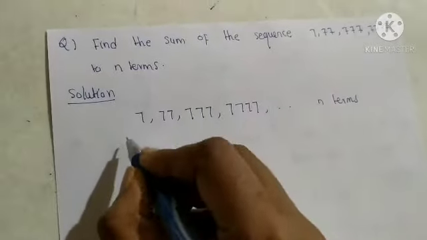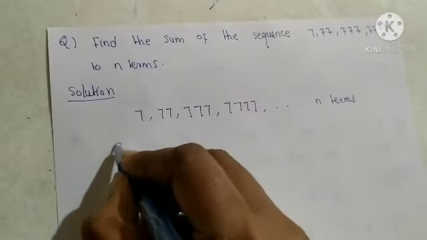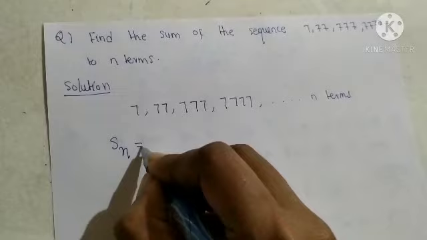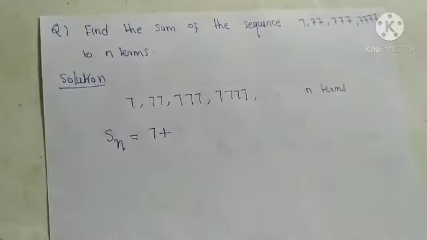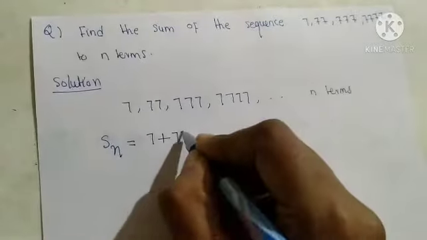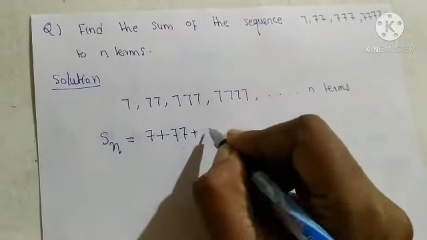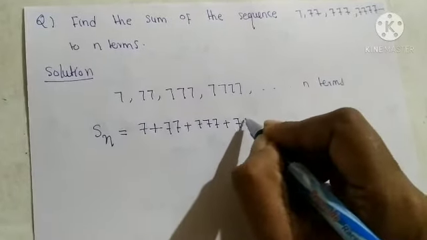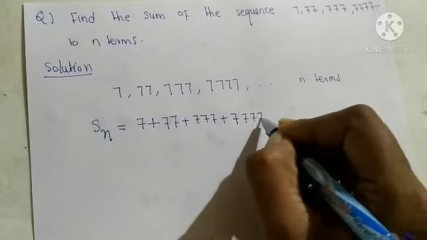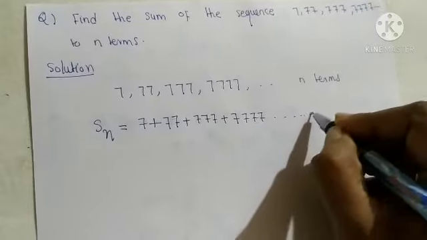So here we need to calculate the sum of n terms. That means here we need the value of 7 plus 77 plus 777 plus 7777, etc. to n terms.